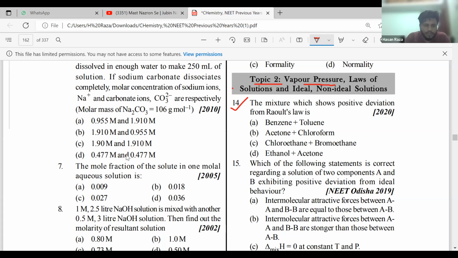The mixture which shows positive deviation from Raoult's law. What is the trick for positive deviation? There must be an alcohol. Is there any alcohol? There were exceptions also, so you have to keep it in mind and solve the question.